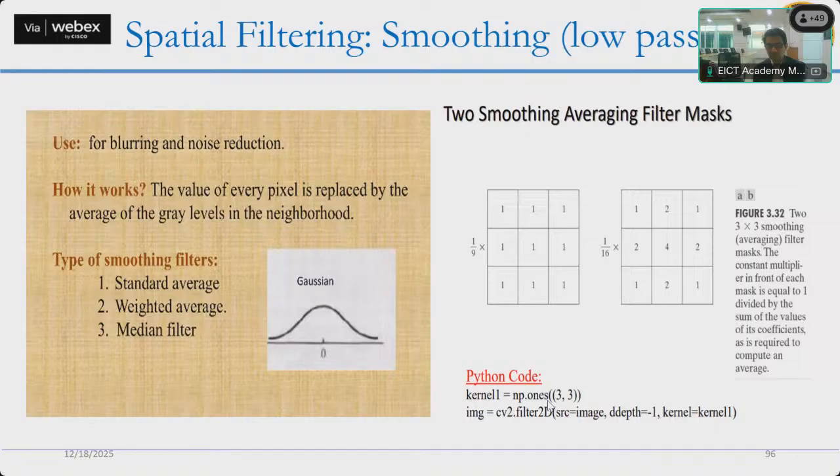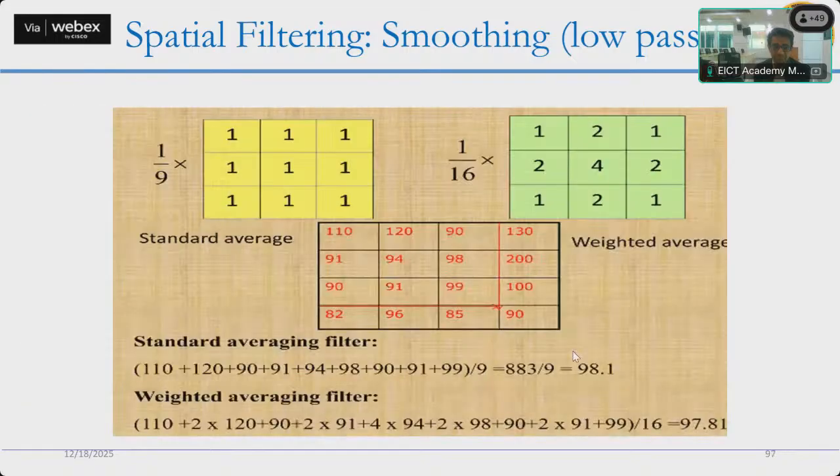So this Python code is written. In Jupyter or in Google Colab, you can write this code. Spatial filtering: now we take up an image of size 4 by 4 pixels. What were we doing?